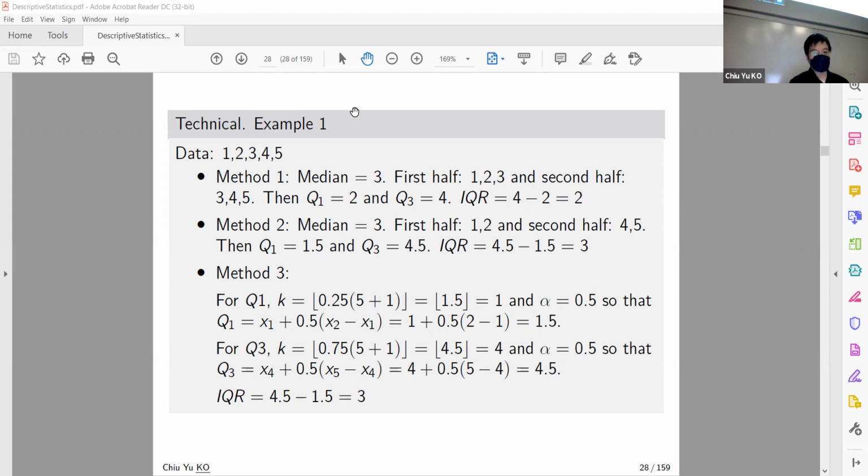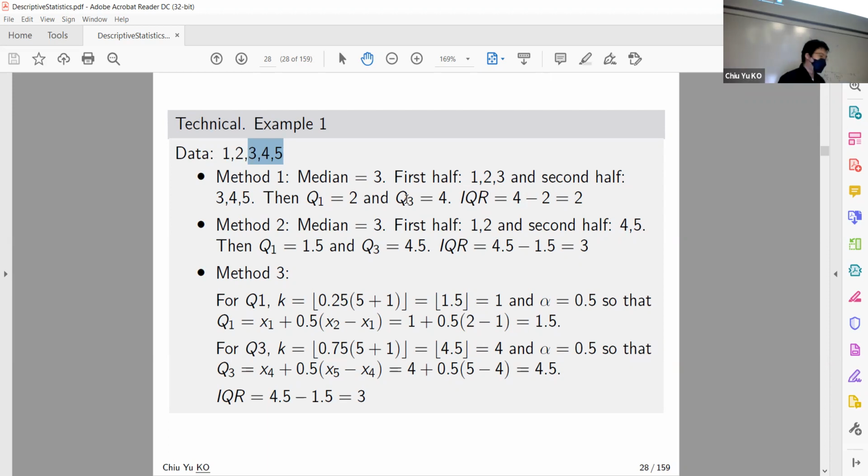The first half of data is 1, 2, 3, and the median of this is obviously 2. This is Q1. The median of the second half, also including 3, is 4. And 4 minus 2 is 2.